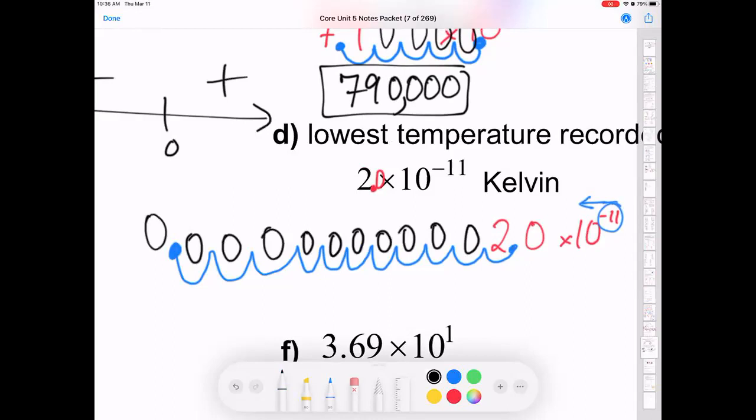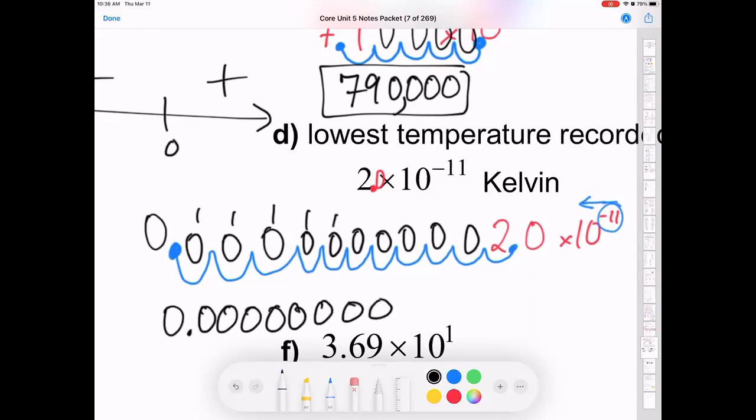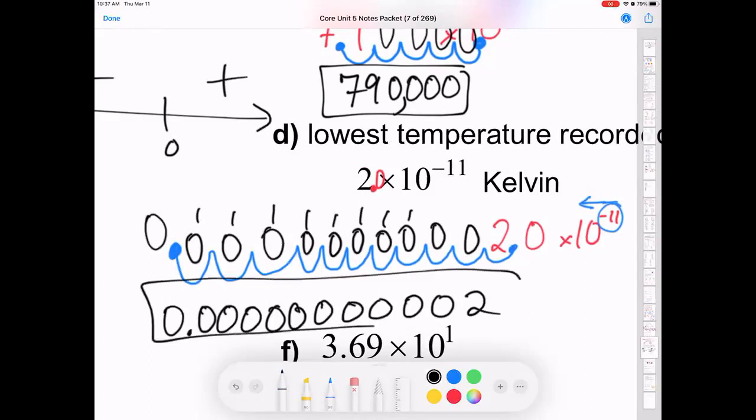And so finally, it looks like 0.0000002. That would be your actual standard number, and this would be Kelvin.